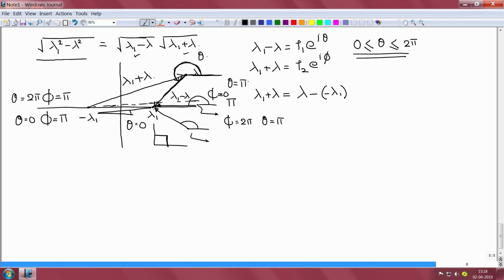Now if we just look at square root of lambda 1 minus lambda, which is equal to rho 1 to the power half e to the power of I theta by 2. Let's say this is the origin and this is lambda 1 over here.